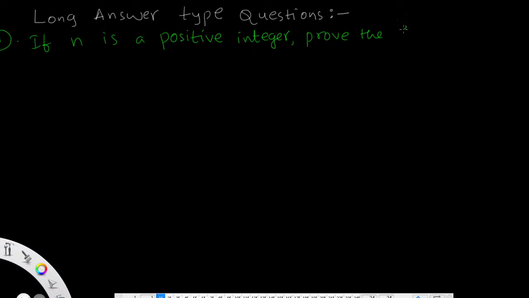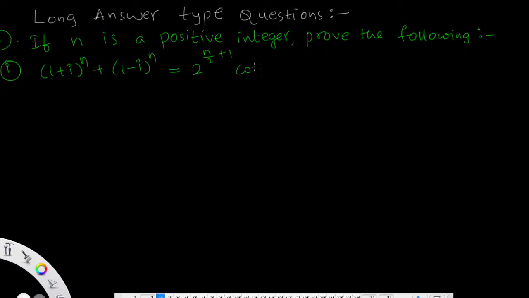The first question, this important question, is (1 plus i) whole to the power of n plus (1 minus i) whole to the power of n equal to 2 to the power of n by 2 plus 1 into cos n pi by 4.